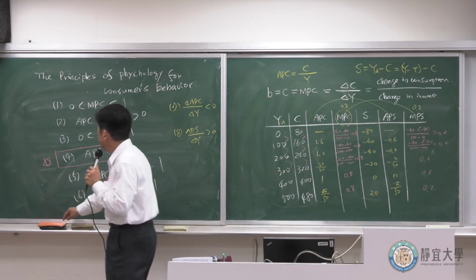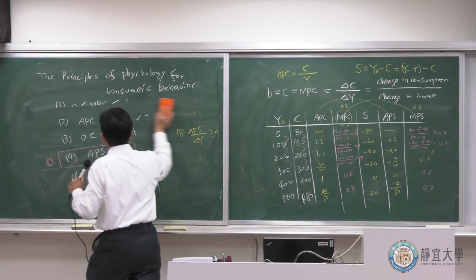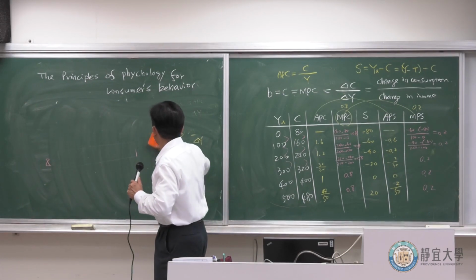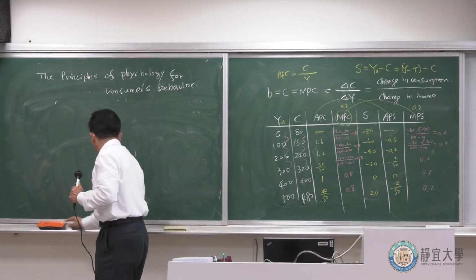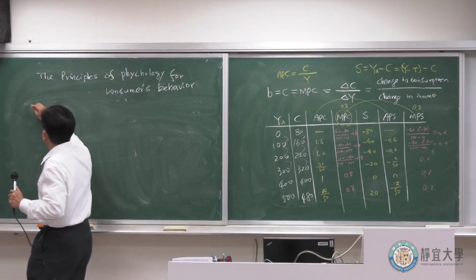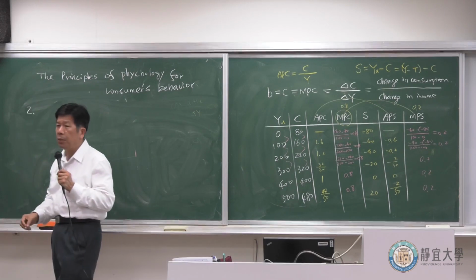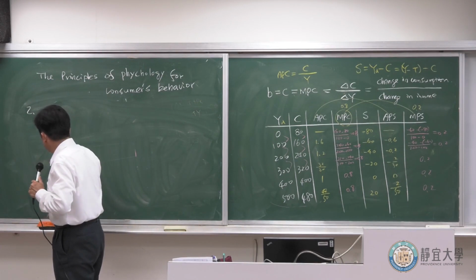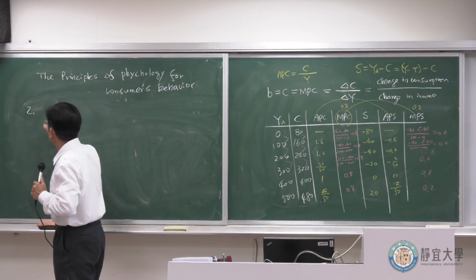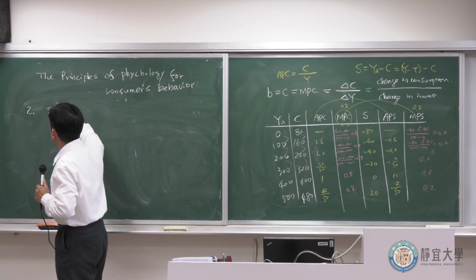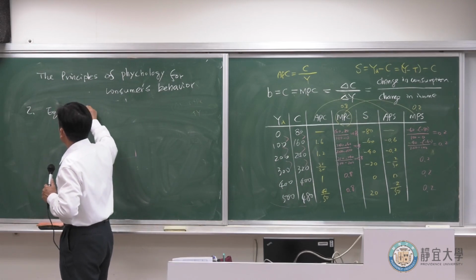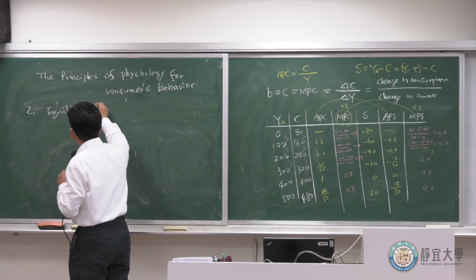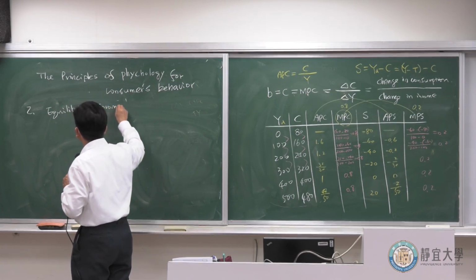So here we can try to get, alright, the second one, this is for the equilibrium income, okay, or output.